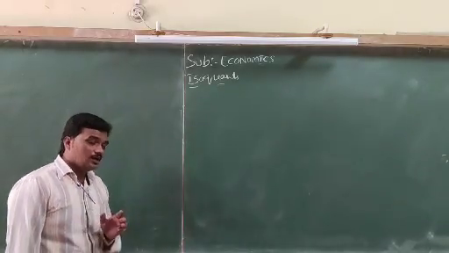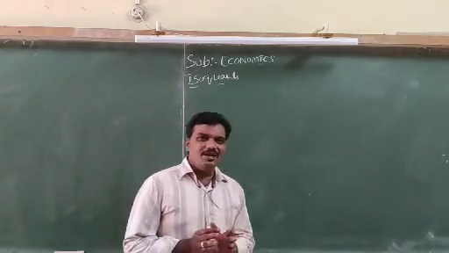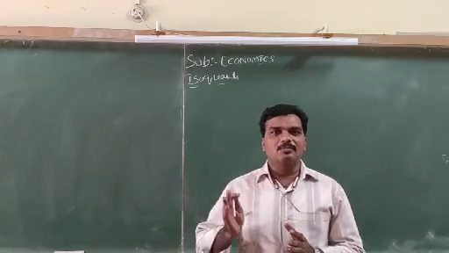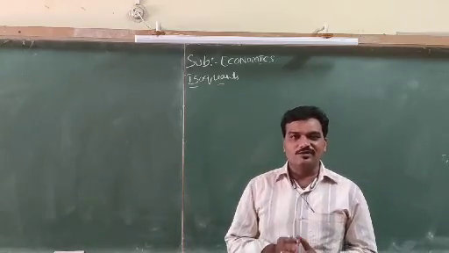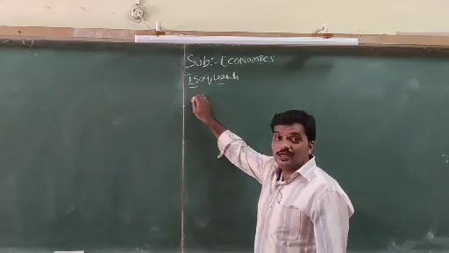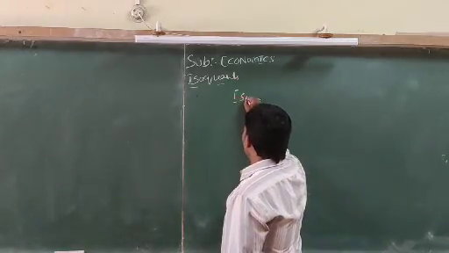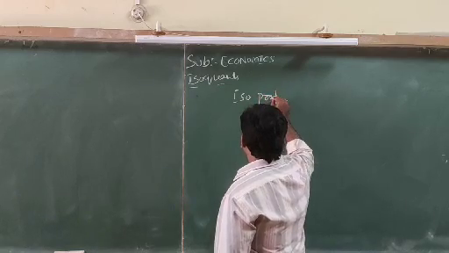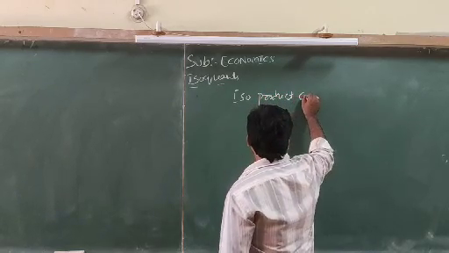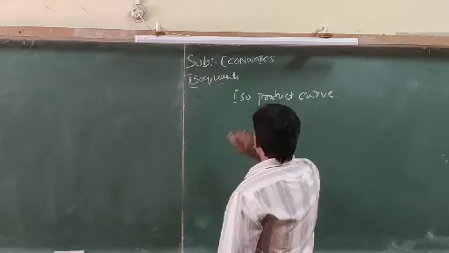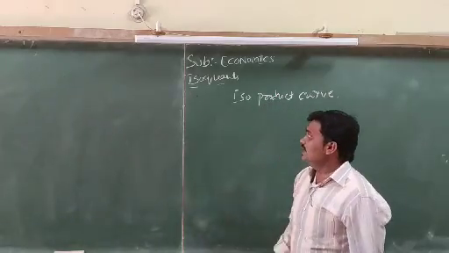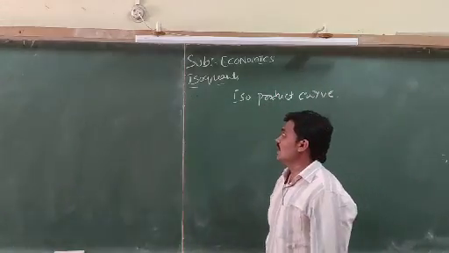Observe that the isoquants is similar to what was discussed in the previous chapter, that is the indifference curve. The isoquants is also called the iso product curve. What do you mean by isoquants?